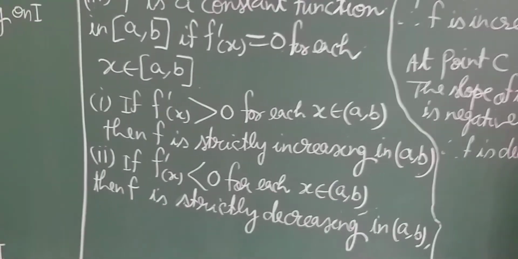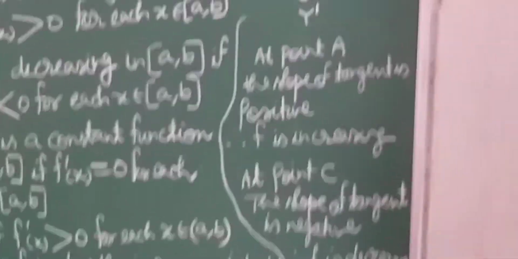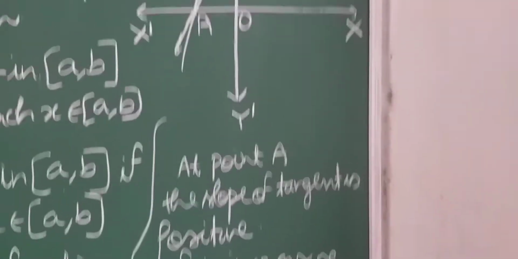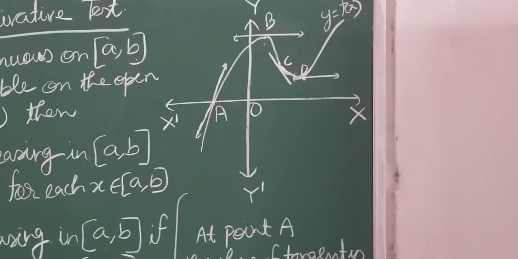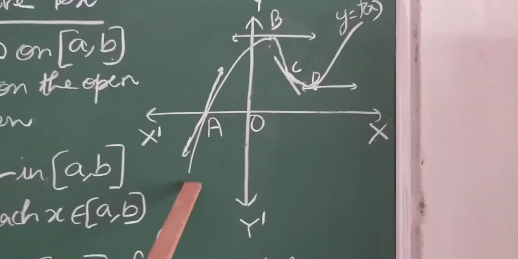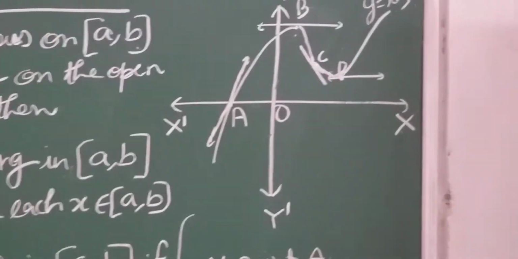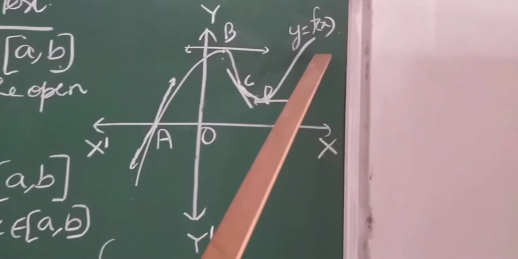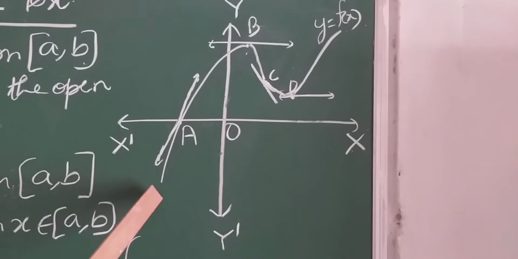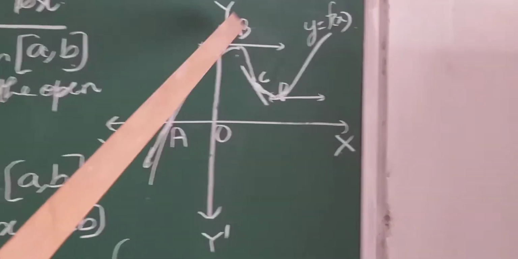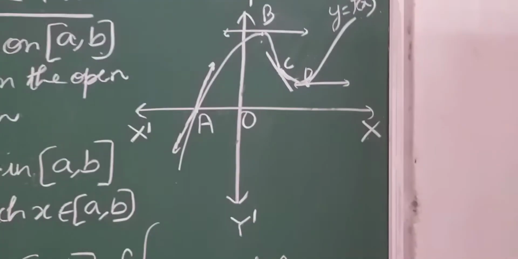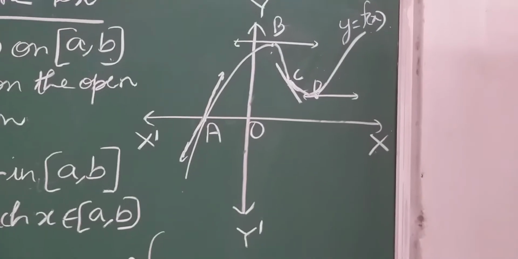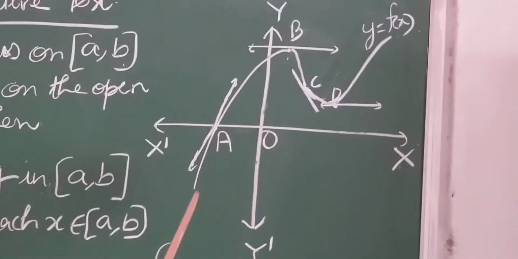Now students, let us try to understand the function with the help of a graph. This is the graph, students. There are points A, B, C and D. So students, you can see the graph.